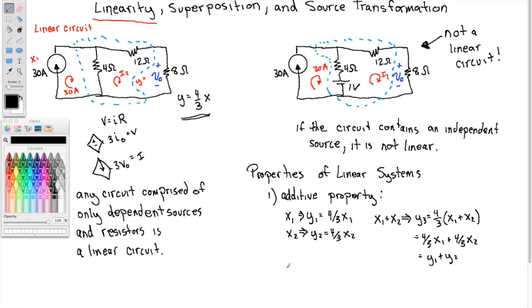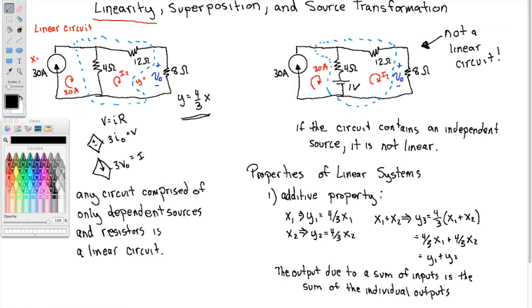The additive property is the output due to a sum of inputs is the sum of the individual outputs.